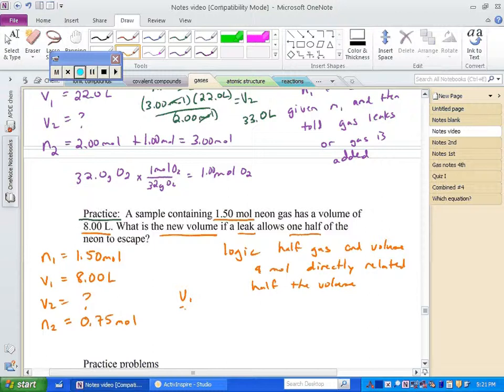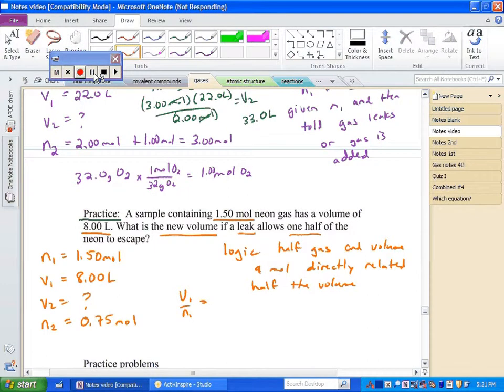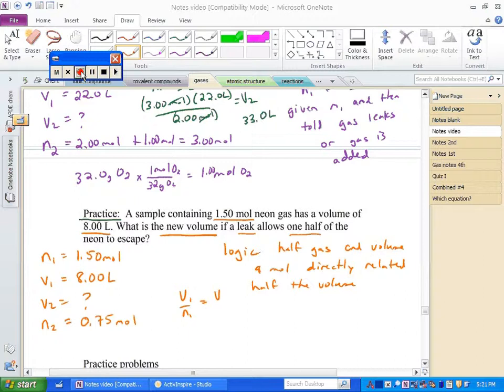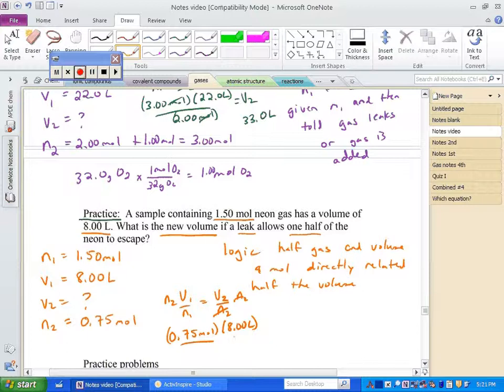And if we do the numbers, it's going to give us the same answer.